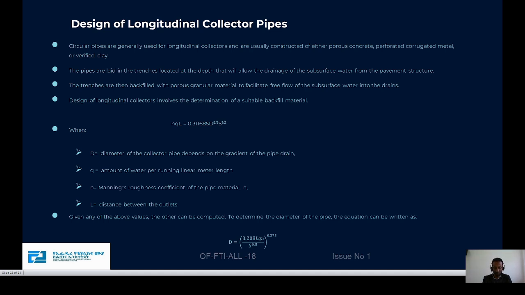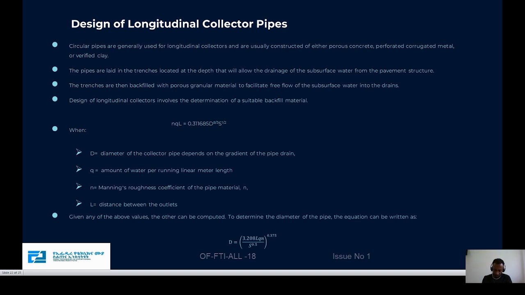The slopes and the diameter are also very important. From these calculations we get the longitudinal collector determination for suitable backfill materials.